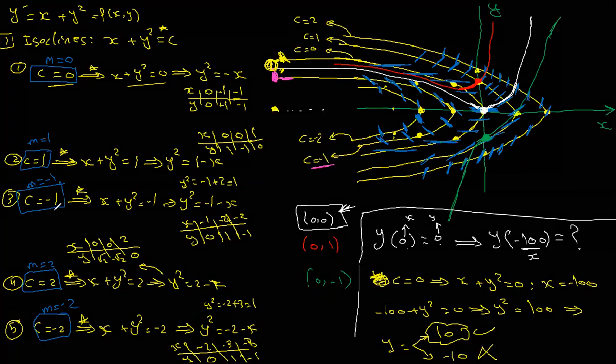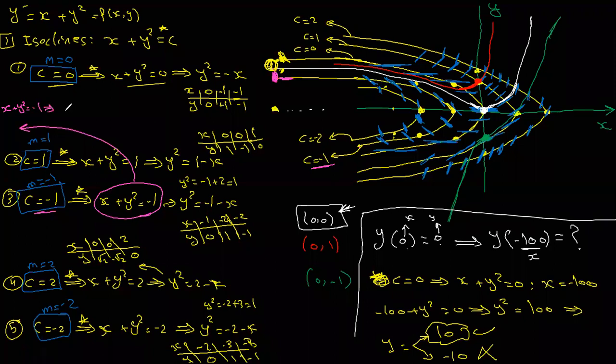So c equals negative 1, so this is my equation. Let me plug it in. I'm sorry, I don't have space, and I'm going to clean those. So x plus y squared equals negative 1. My x is negative 100, so negative 100 plus y squared equals negative 1. So my y squared equals 99. Am I right? Because I moved the 100.